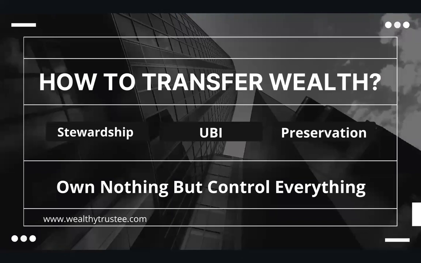But if not, then what you want to do is you want to obviously have everything owned by the trust. So now if you expire tomorrow and the trust owns the house, the car, the policies, the bank accounts, what transfer needs to take place? There is no transfer that needs to take place because the trust owns everything already.